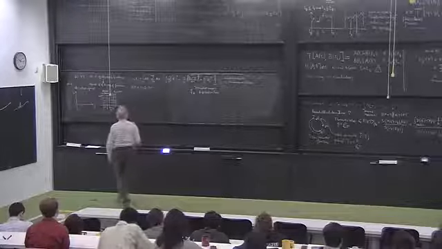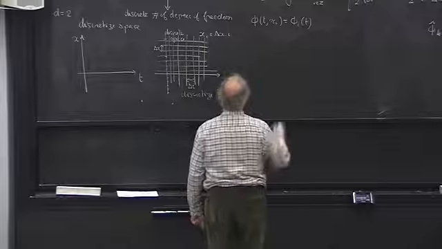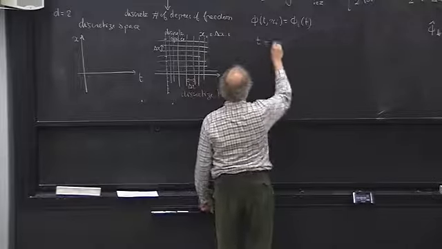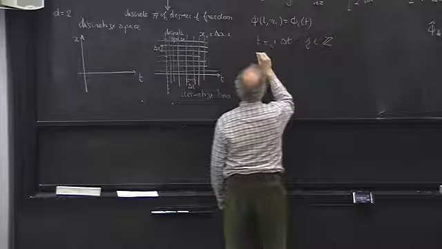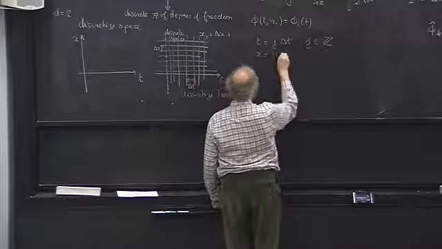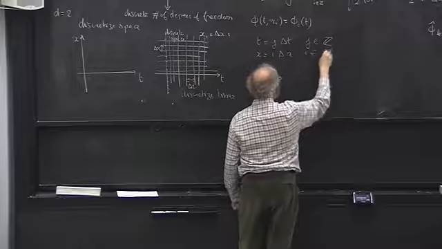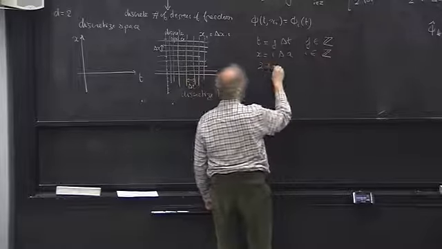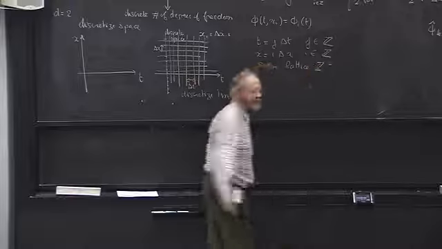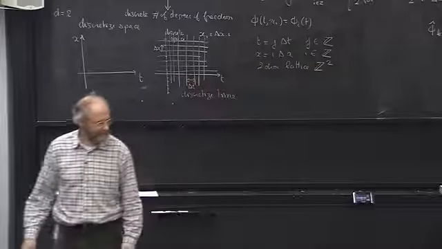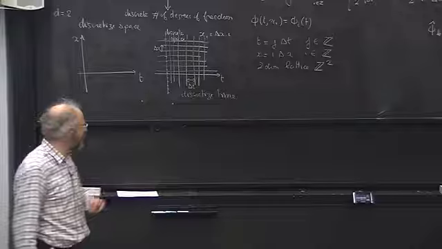So then t equals g delta t with g integer. x is i delta x, i integer. So we have a two-dimensional lattice, Z2. Space-time becomes a lattice. Not only space, space-time is considered as a lattice.